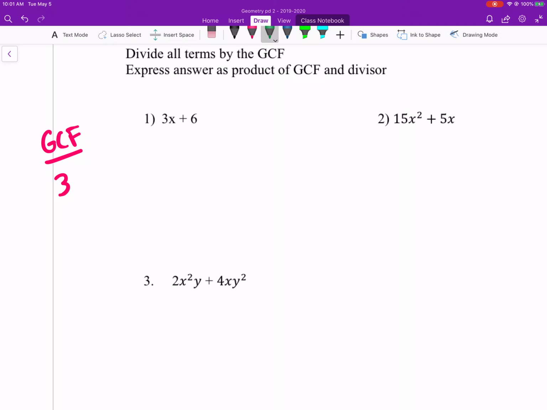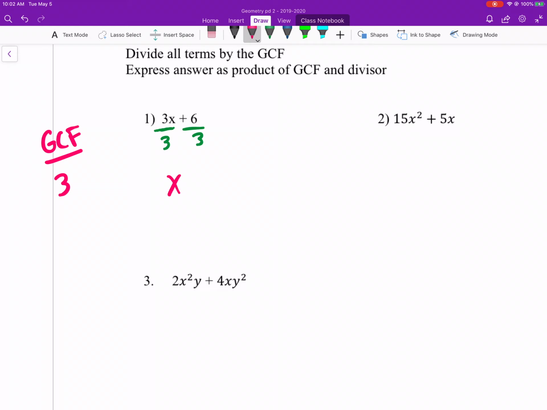So what you do now, you divide both terms by the GCF. 3x divided by 3 is just x.